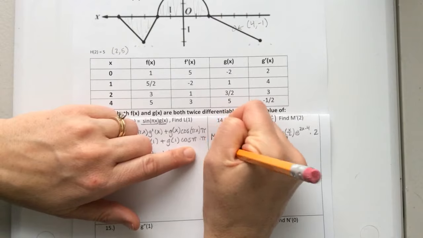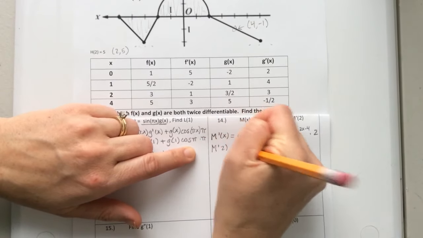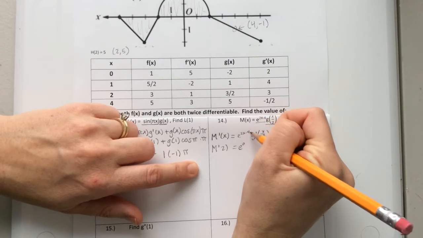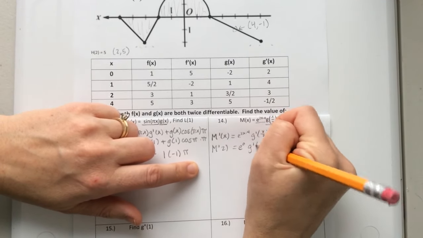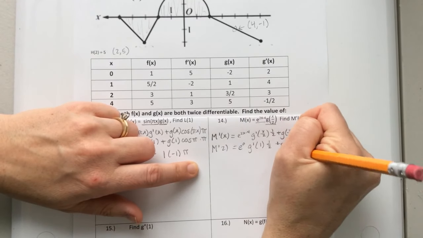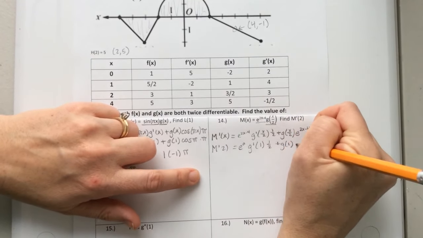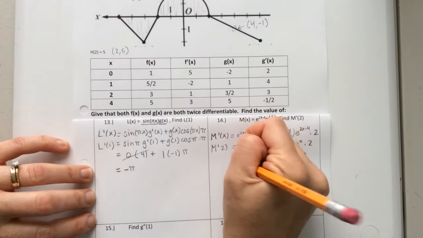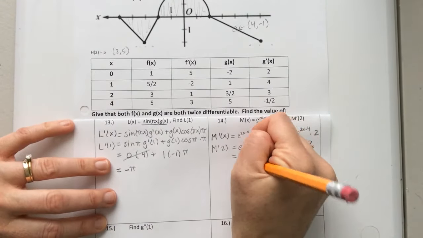So now let's simplify a little while we plug this number in. If I plug a 2 in here, I get e to the 0, 2 times 2 minus 4, g prime of 1 times 1/2, plus g of 1 times e to the 0 times 2. So e to the 0, anything to the 0 power is 1.